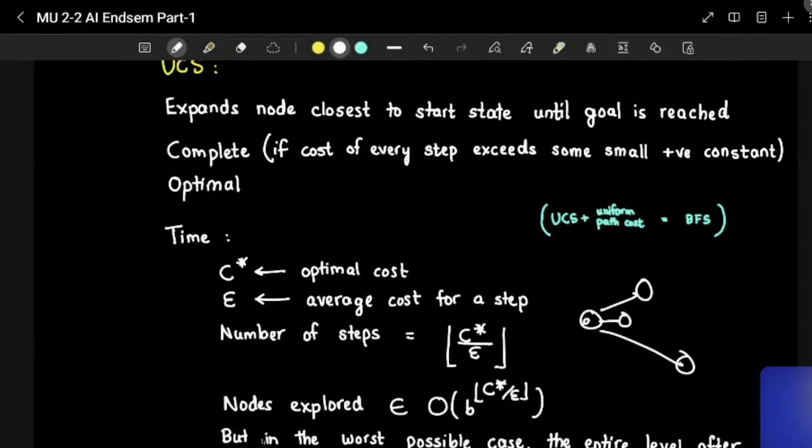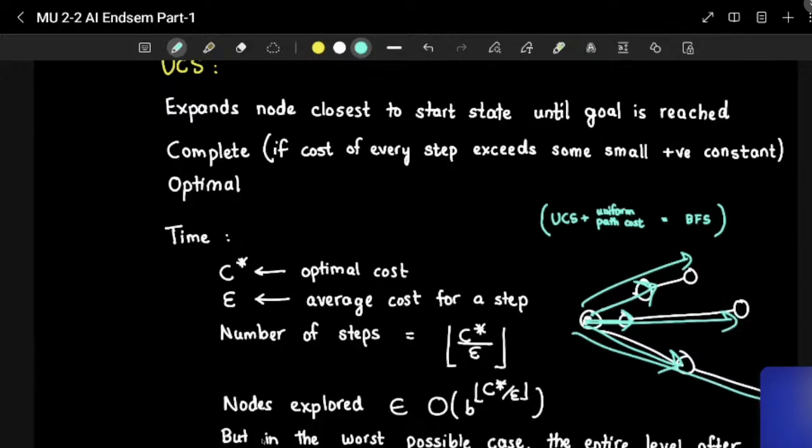So when you start here, you will then explore this one because this is the closest. And then the next closest will be this one. And then the next closest, let's say it's this one. And then this one, and this one. That is how UCS works until the goal is reached.